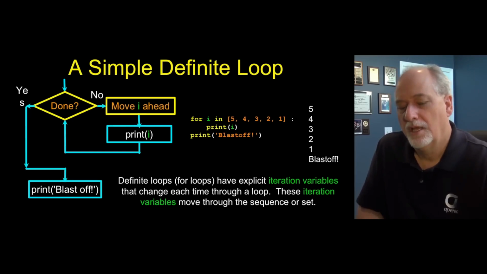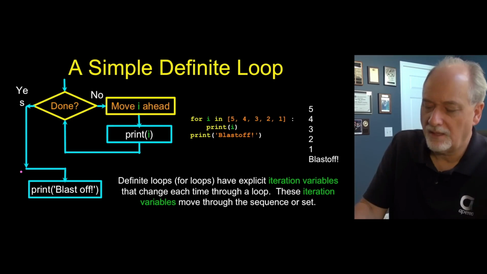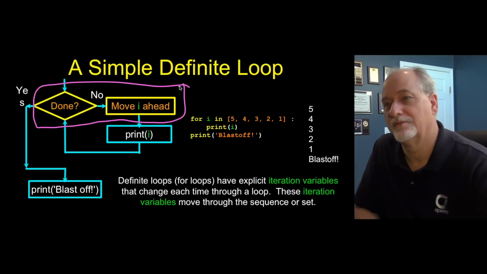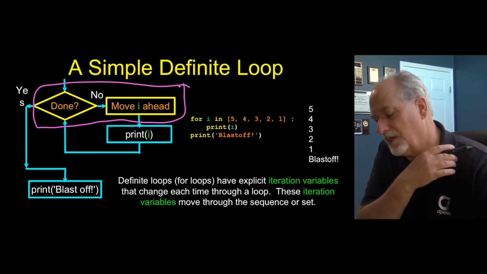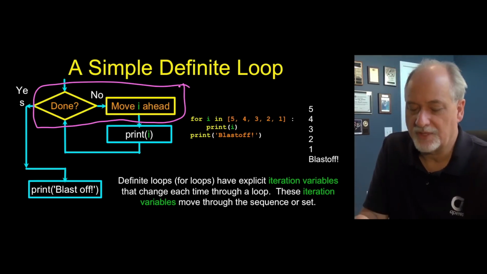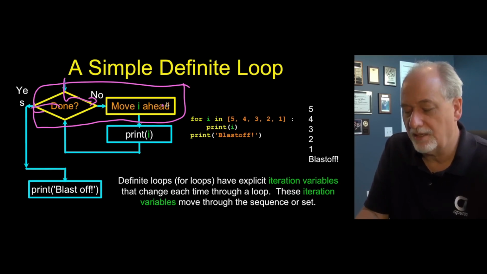So if we try to draw a picture of what this is really doing, the for loop is doing a whole bunch of stuff that we would have to do with separate statements in the while loop. First, it decides how many times to run the loop, so it's answering the done question, which way do we go? It's also moving i ahead.